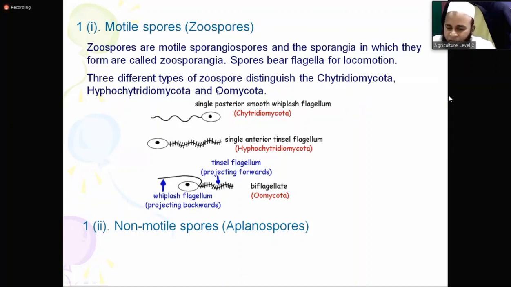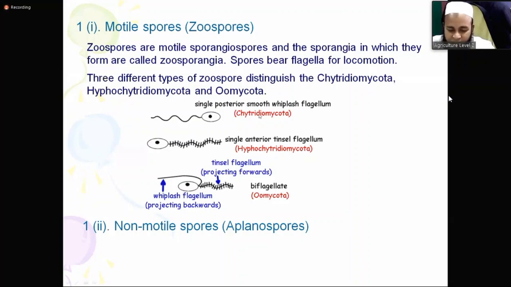I know thousands of fungal names, so it is not so difficult. For you it is easy for the time being, but without knowing that, you cannot pass plant pathology. Okay, so three types of zoospores distinguish the Chytridiomycota, Hyphochytridiomycota, and Oomycota.